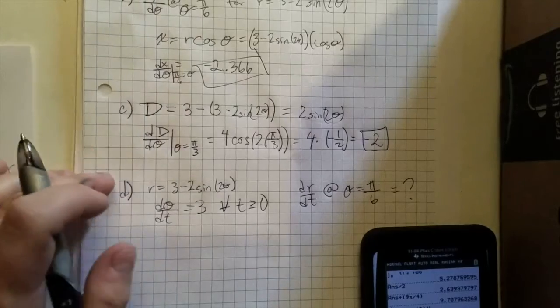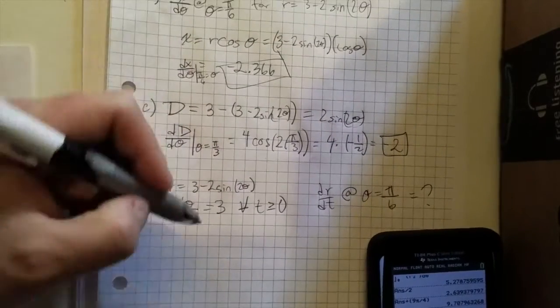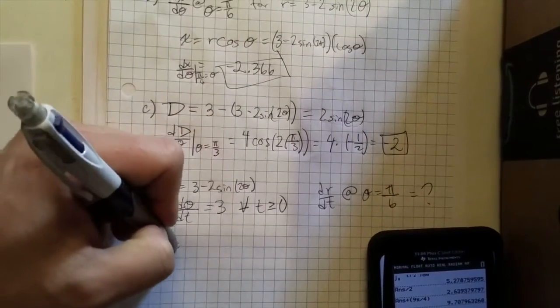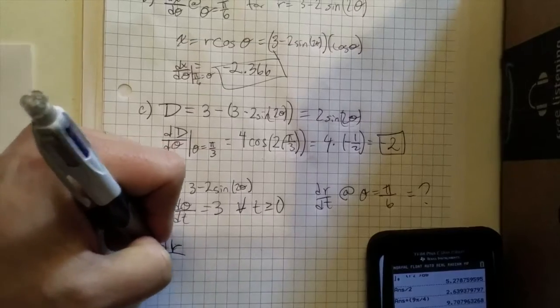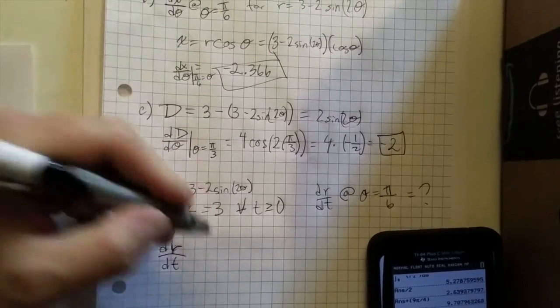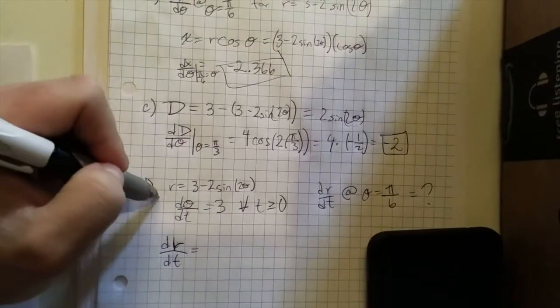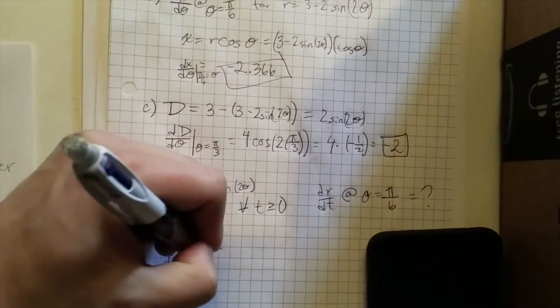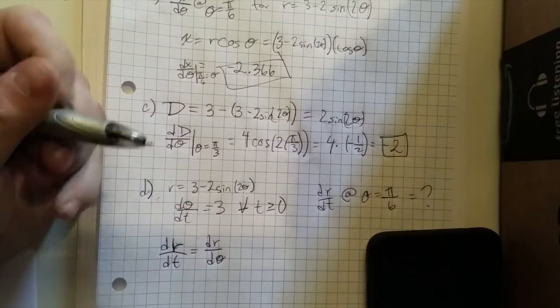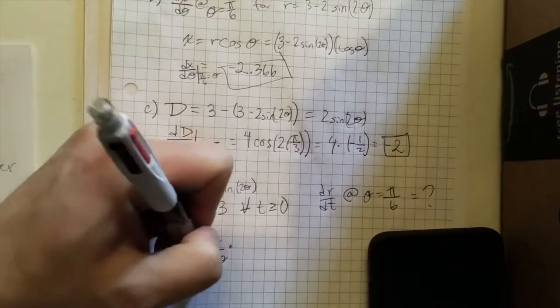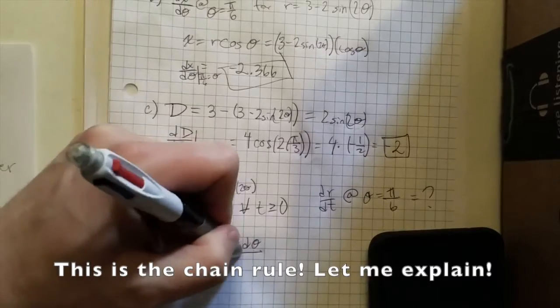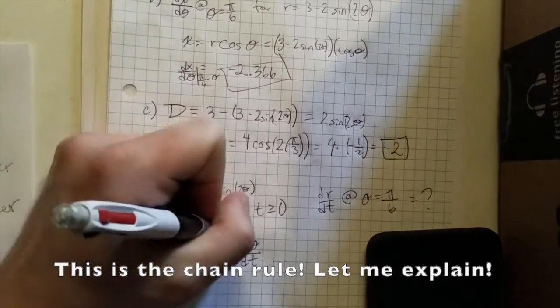First thing we need is some way to relate all of these. So I want to think about dr dt and how I can get that from the thetas. If I think about what I'm going to get from this r here, I'm going to get dr d theta. And then to essentially cancel this out, d theta dt is where that'll come in.